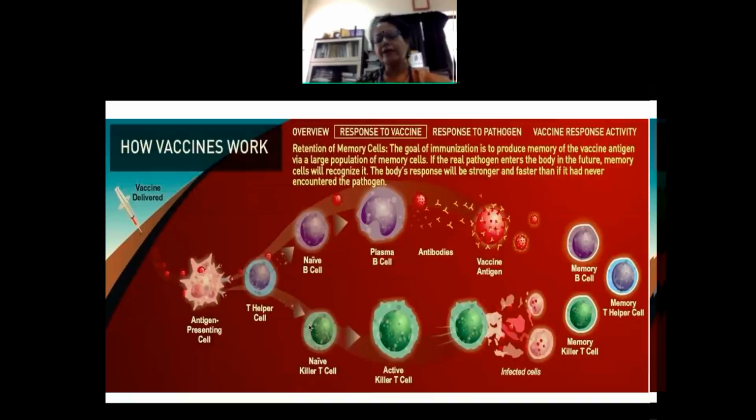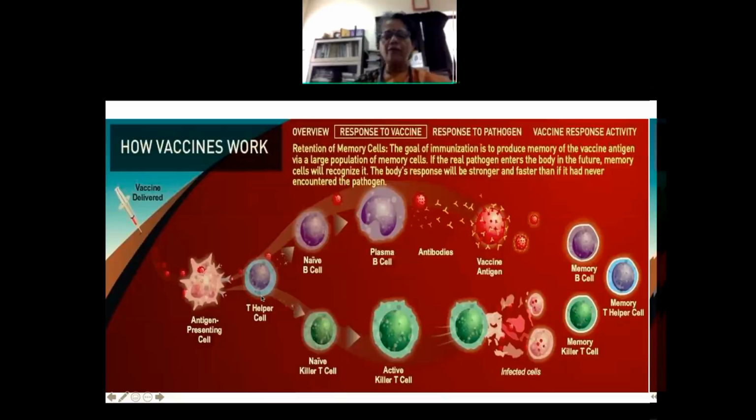This is taken up by the antigen presenting cells and presented to the T helper cell, which will stimulate the naive B cells and T cells to mature out and produce the mature cells, and at the same time, memory B cells.